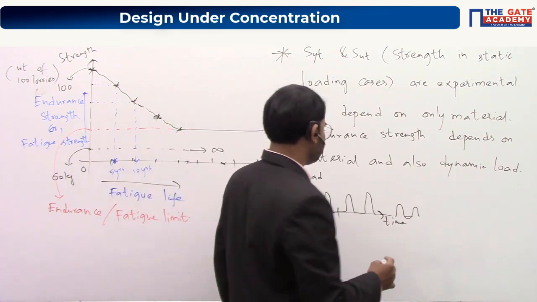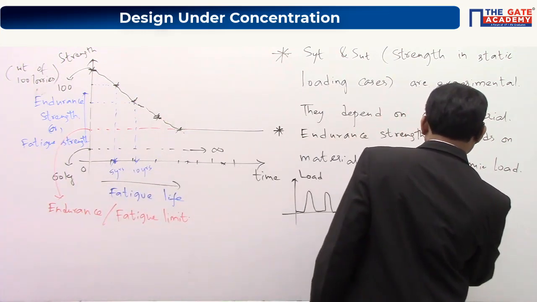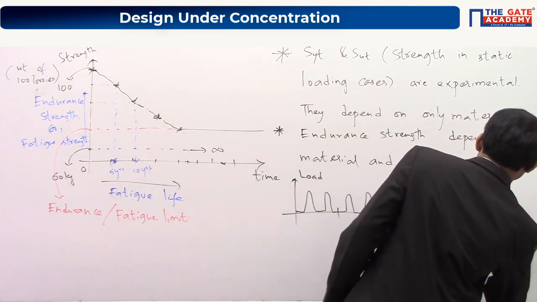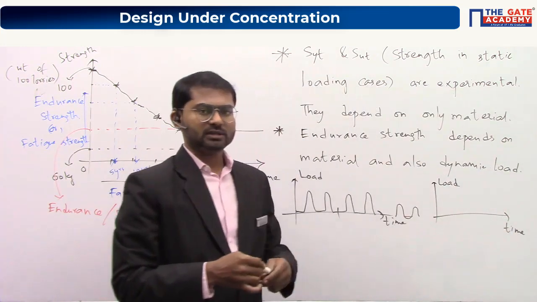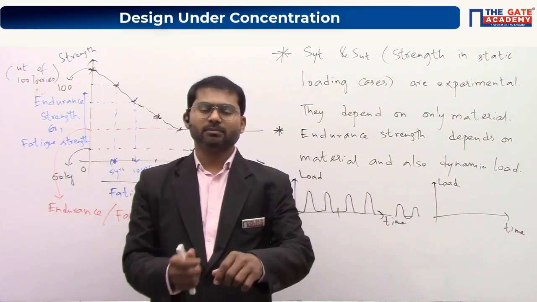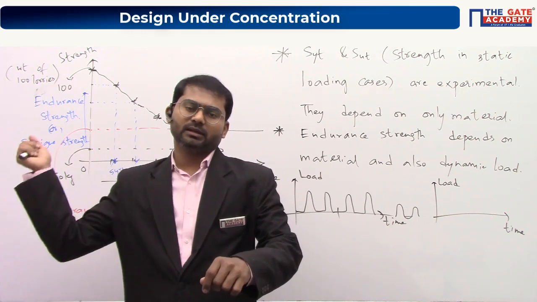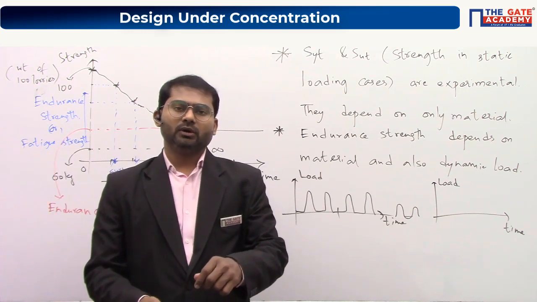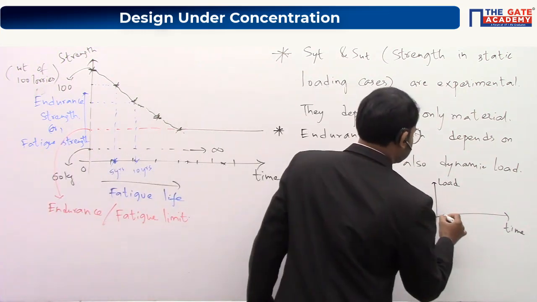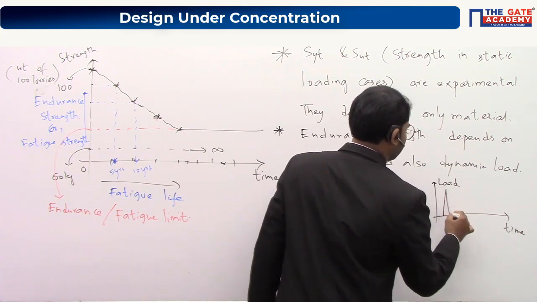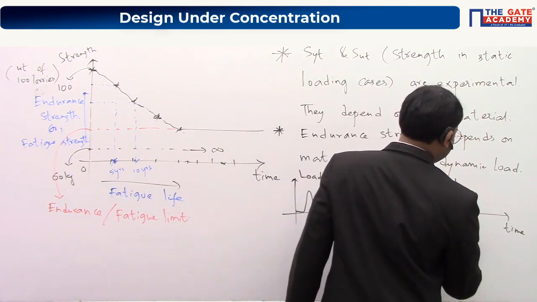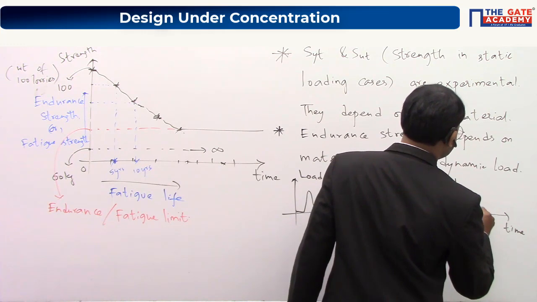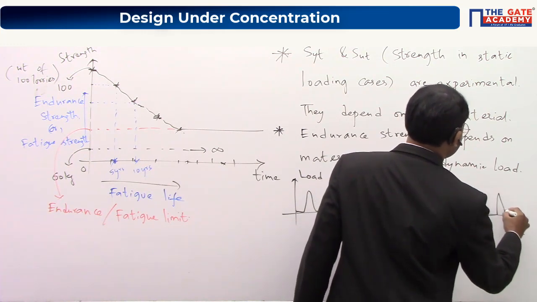Now you take something else. I'm taking some other example: a plank, and I'm hitting the plank with a hammer. Whenever I'm hitting, the load suddenly goes to maximum, and after that the load disappears, then goes to maximum, disappears, goes to maximum, disappears, and so on.